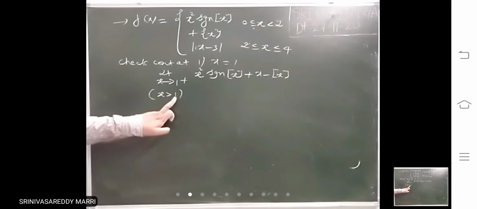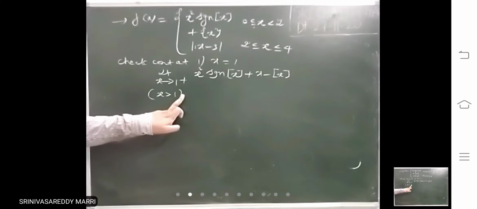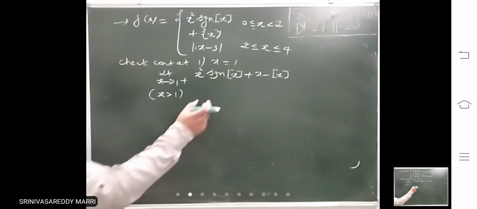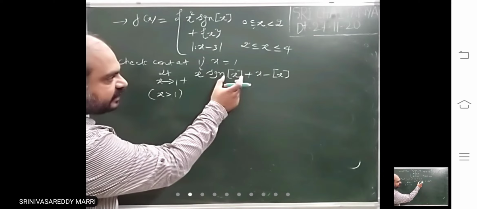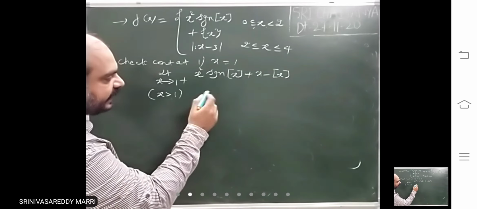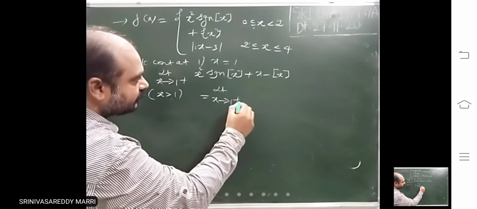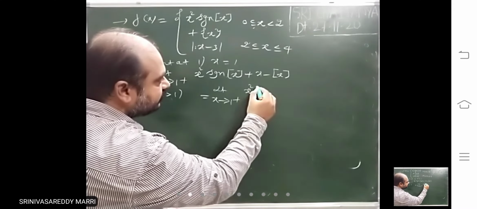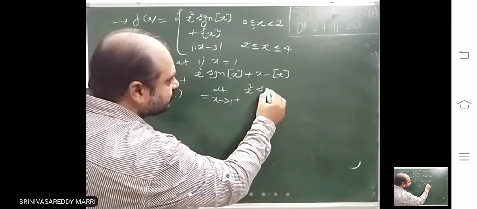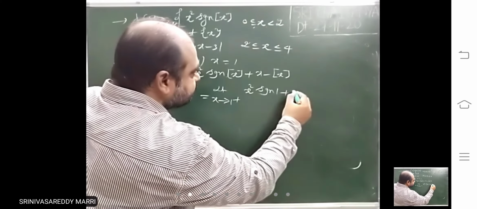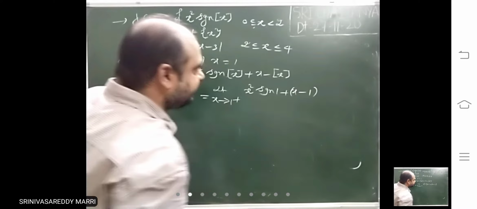x just greater than 1 means 1.00001. That means this definition will become what? This is 1. Write that 1 in place of step x. x square into signum 1 plus x minus 1.